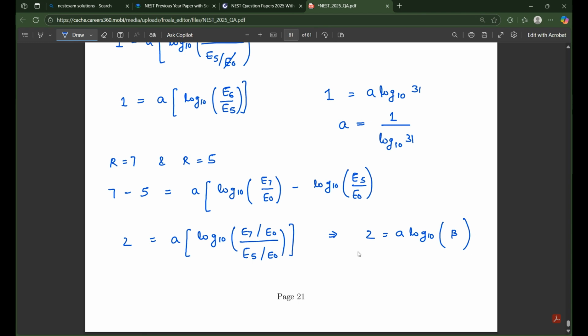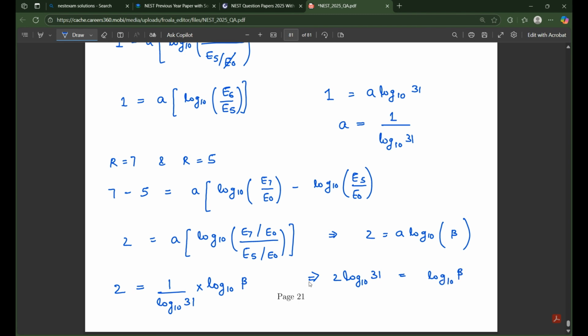Putting the value of A here, we get 2 is equal to 1 upon log 10 31, multiplied by log 10 beta. Multiplying this to the right hand side, I get 2 log 10 31 is equal to log 10 beta.